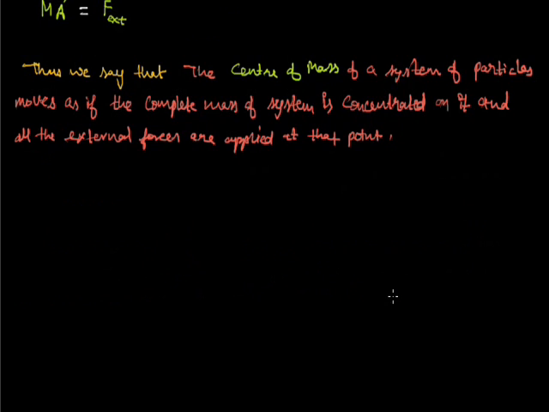To completely understand this, we can consider an example of the projectile motion of a bomb. Suppose a bomb is thrown at some angle with respect to the horizon with some velocity, and it executes a projectile motion.